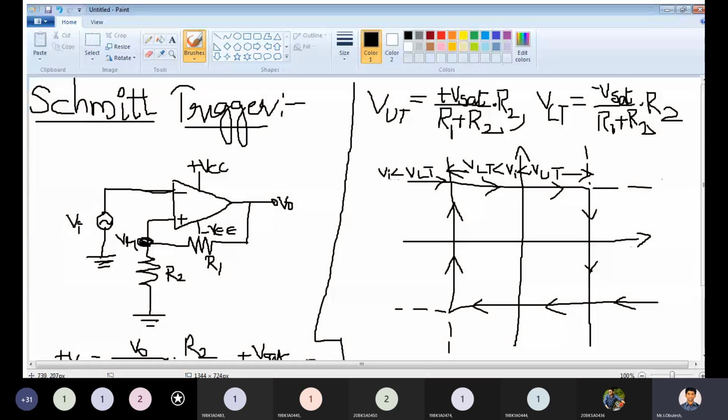So this region indicates that VI is less than VLT. This is VI greater than VUT.